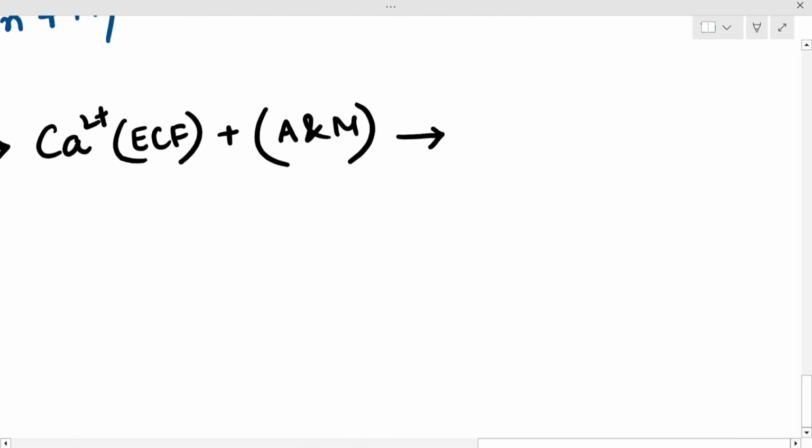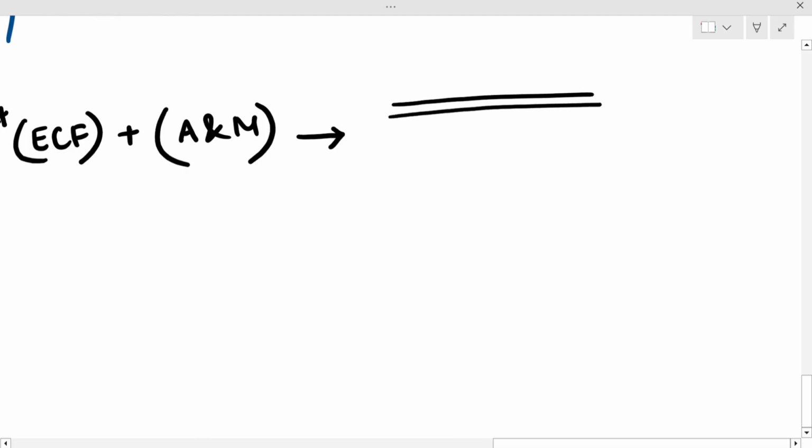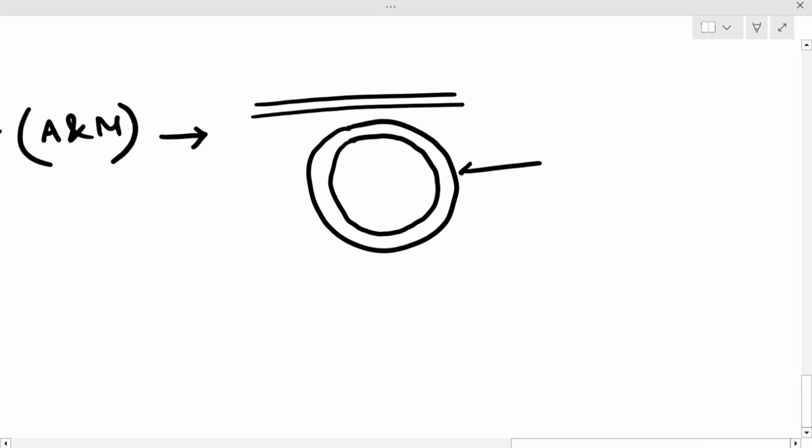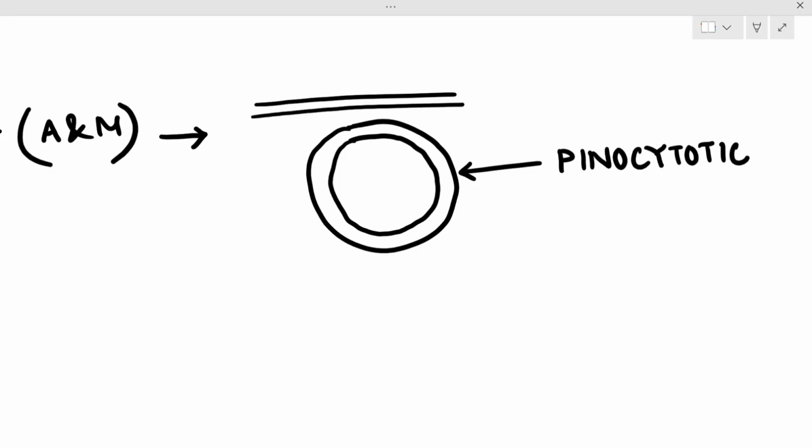Okay. That means the invagination will pinch off from the surface of the cell to form a pinocytotic vesicle. This is the pinocytotic vesicle.